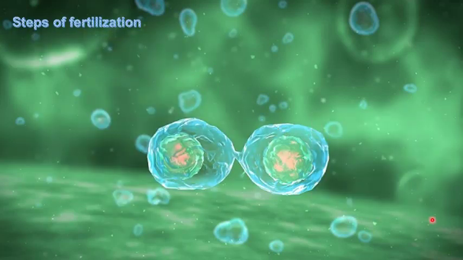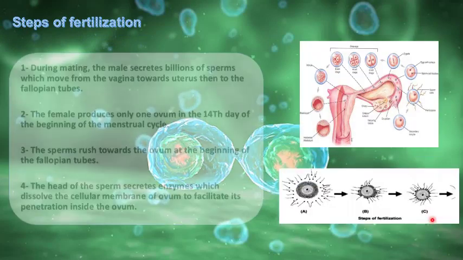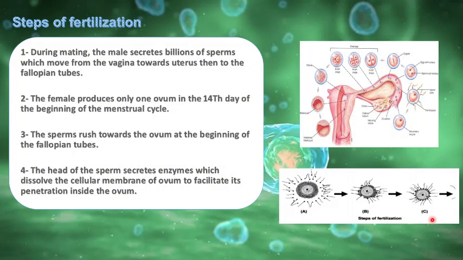Steps of fertilization. Number 1, during mating, the male secretes billions of sperms which move from the vagina towards the uterus, then to the fallopian tubes. Number 2, the female produces only one ovum on the 14th day of the beginning of the menstrual cycle.